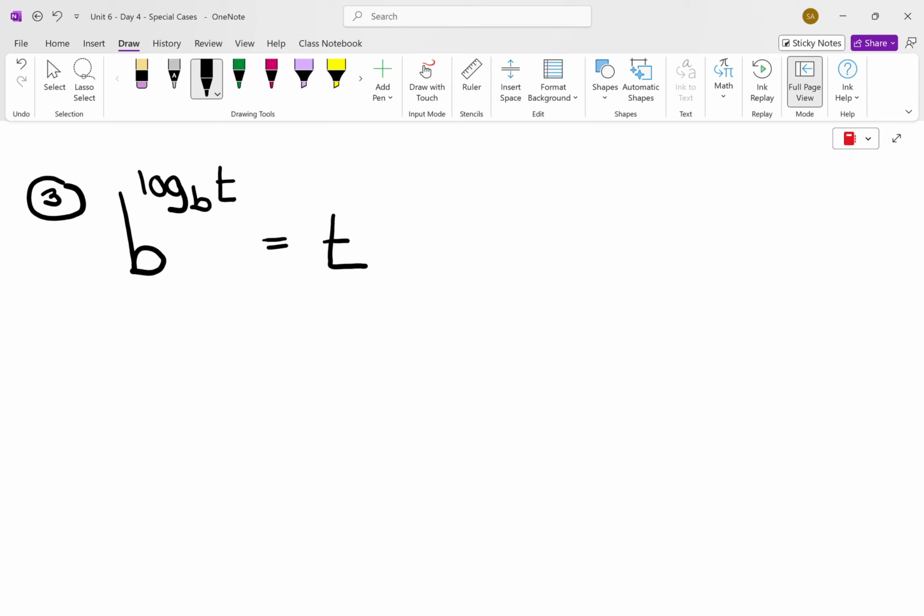Yes, this is a new shortcut. Actually, let me give you the rest. The next one is very similar, but I'm going to make it e and ln instead. If I have e raised to the ln of t, that will equal t.